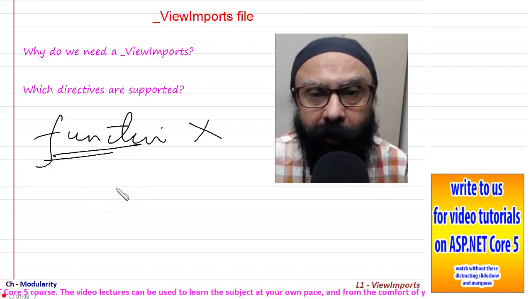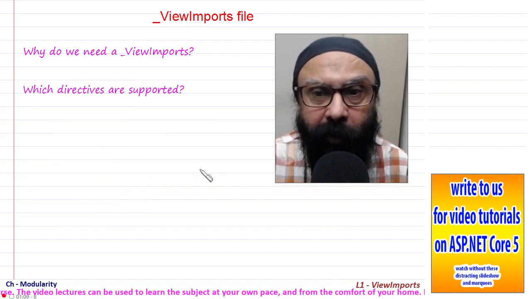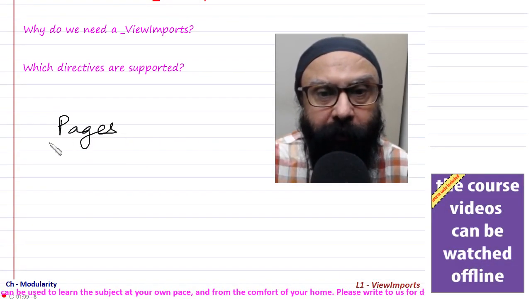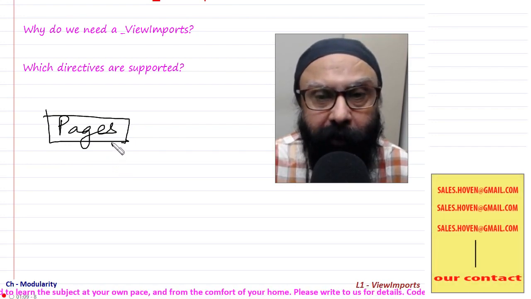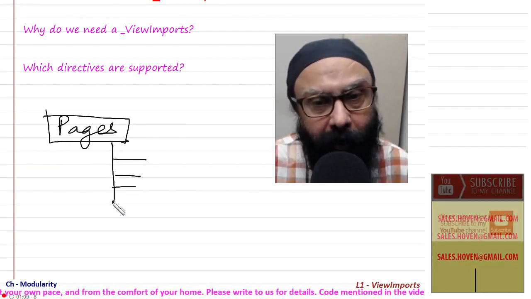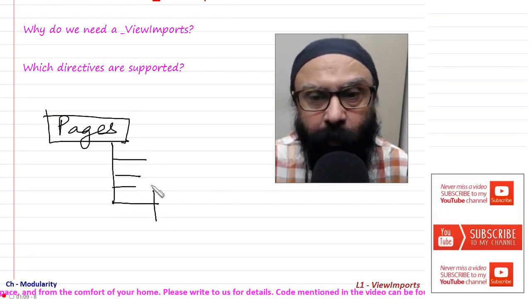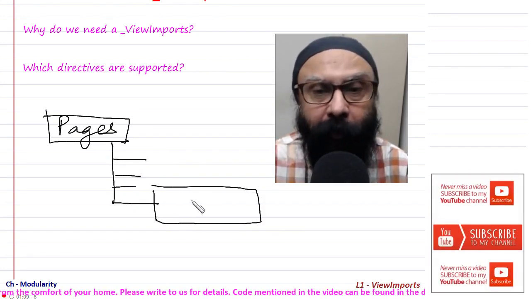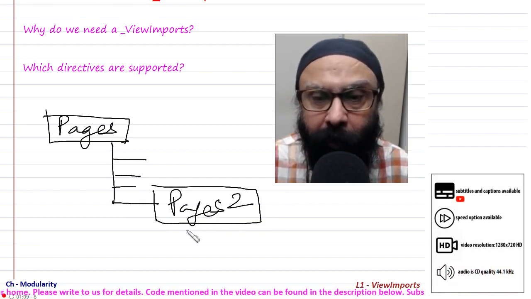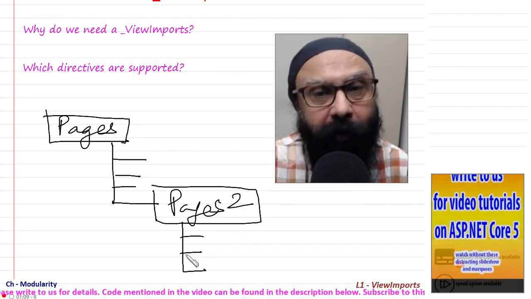And now let me also tell you about one thing that I missed here. Suppose this is your pages folder, and inside this pages folder you have these files, and along with these files, let us suppose there is another folder. This folder is, let us say, pages2, and this folder has further files.